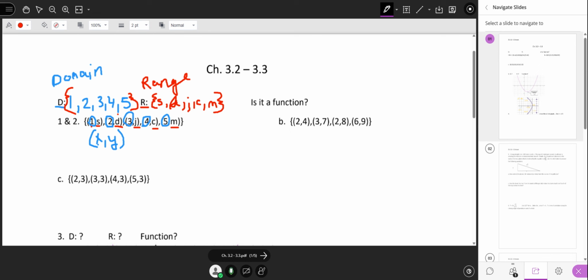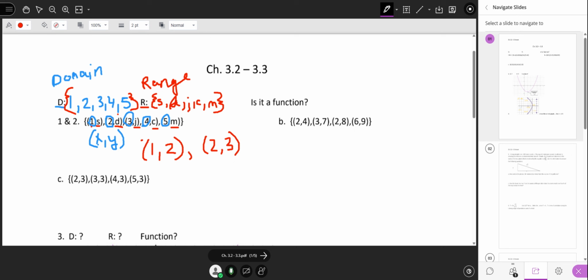Yeah. Parentheses are used when it goes from a specific point to another specific point and includes everything in the middle, like everything from 1 all the way to 2.